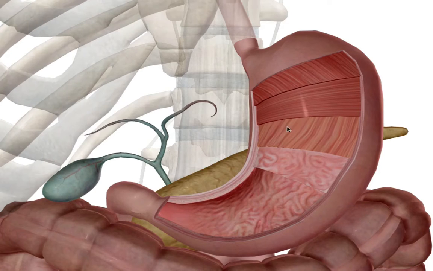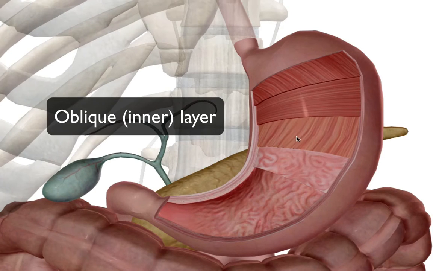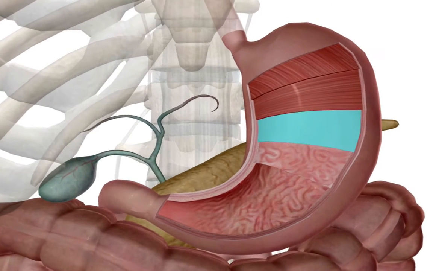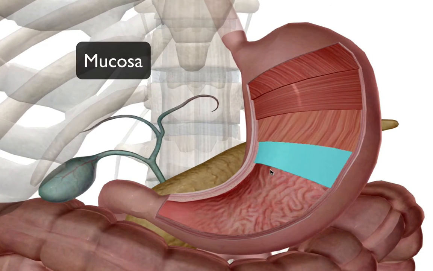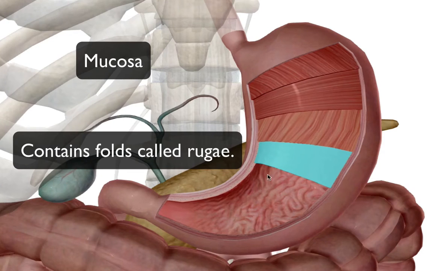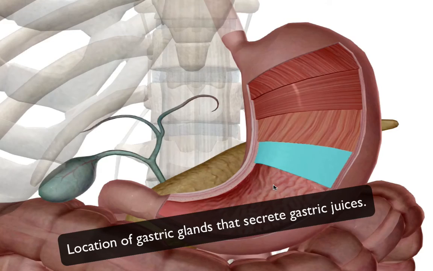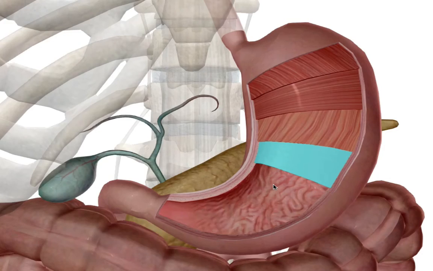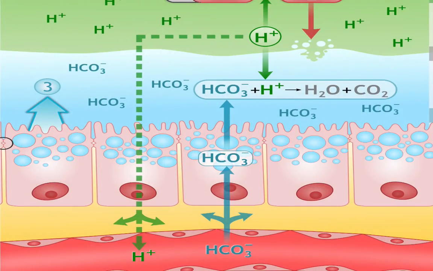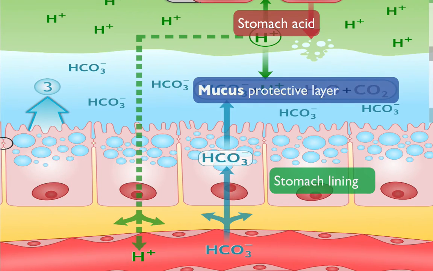And then you have the layer just inferior to that. It's more oblique. That's your oblique muscle layer. And then of course you have the mucosa layer, which is the innermost layer of the stomach. And just above that mucosa layer, you actually have another layer of mucus that protects the stomach from the incredibly acidic environment that's created by our first gastric juice, hydrochloric acid.